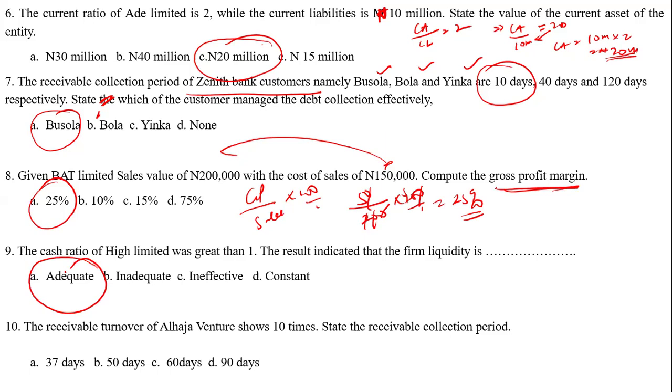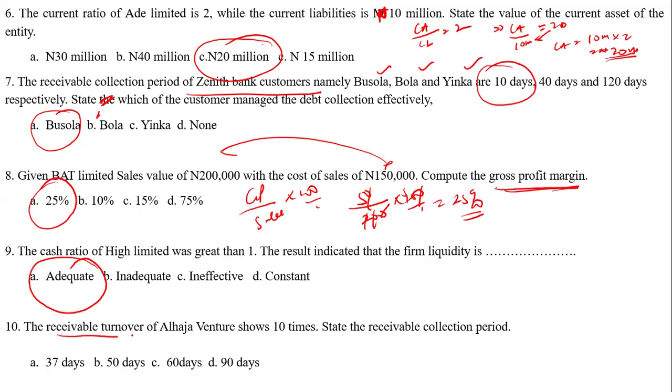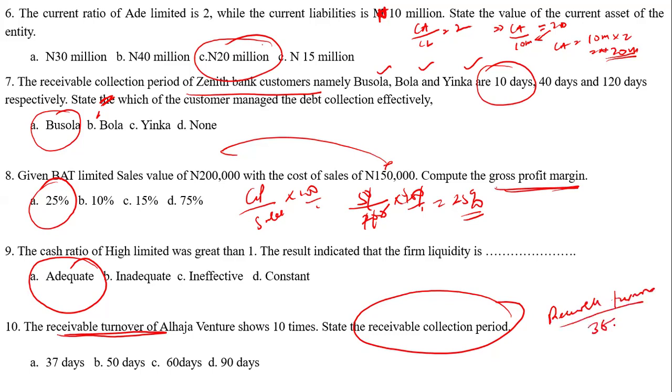Now let's quickly look at this final one. The receivable turnover of Alaja Venture showed 10 times. State the receivable collection period. I've told us that there's a formula for this. The general formula is sales all over receivable. But we said simply, once they're giving us turnover, we just say receivable turnover divided by 365. No, other way around.